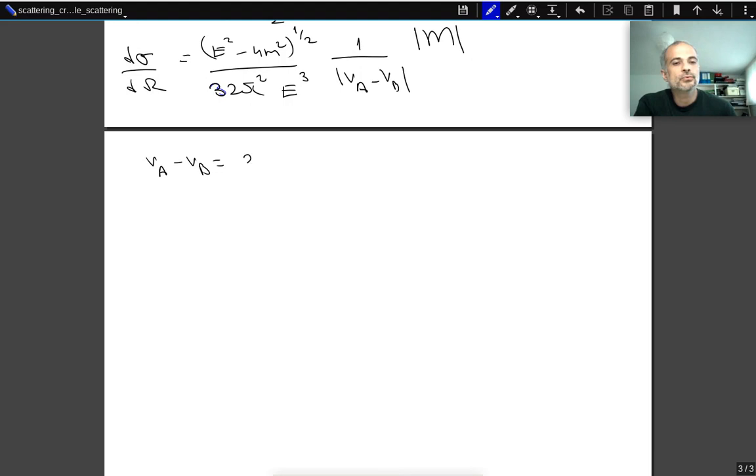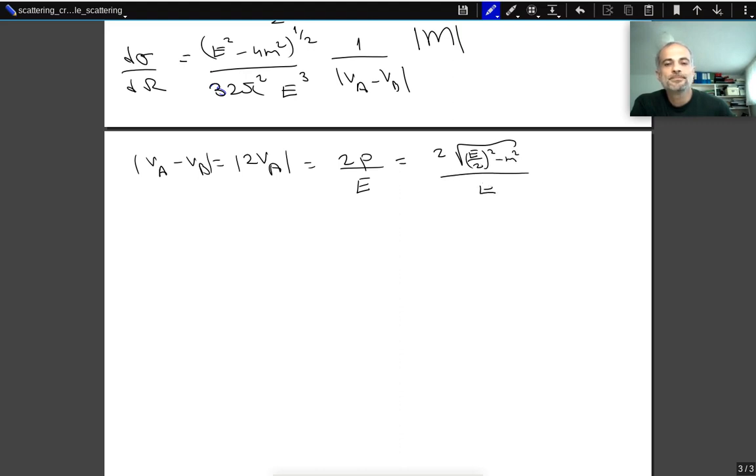This is equal to twice va. Now the v is twice p over e. The speed is just p, the momentum, over e in our units. And this is equal to twice p, where p is the square root of (e over 2) squared minus m squared, over e.